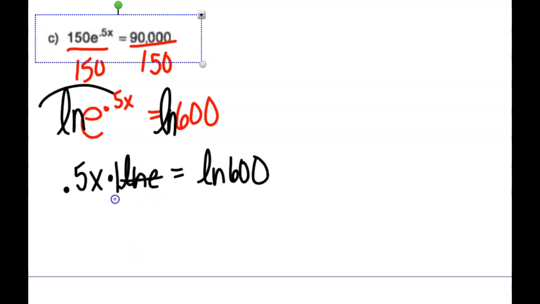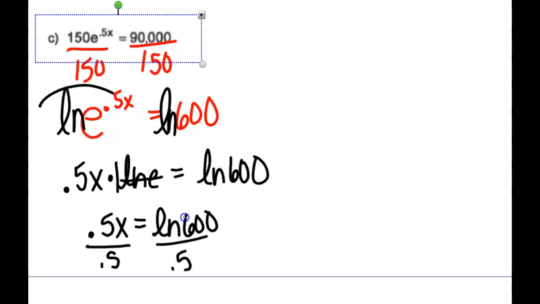So this is times 1, which is just 0.5x, right? So then the last step would just be to divide by 0.5. Not the log of 0.5, just 0.5. Someone just want to tell me what that is? 12.794. Are we going to trust Alexa? Or Google?